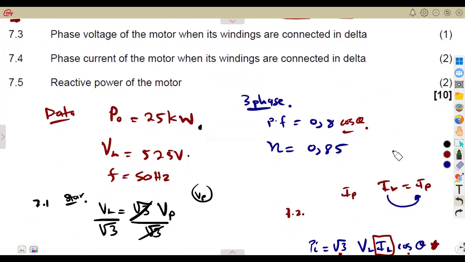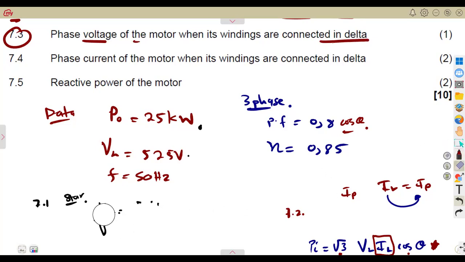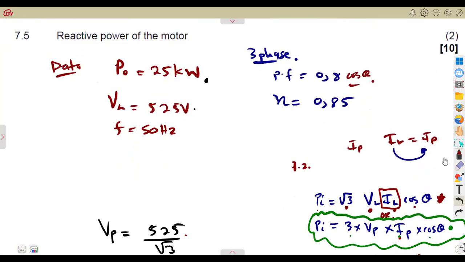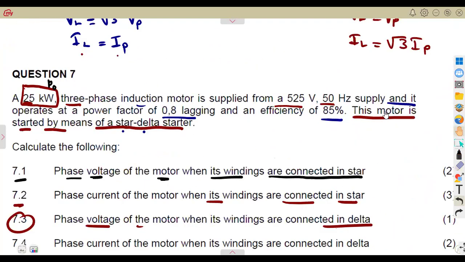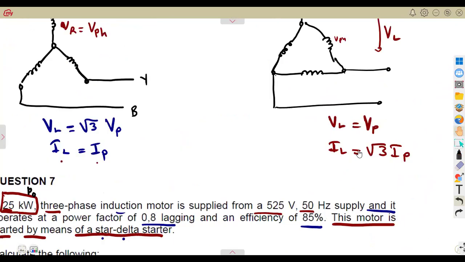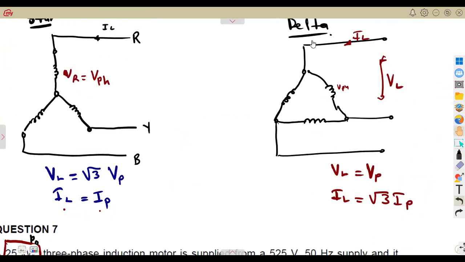All right, 7.3. We are given to calculate the phase voltage of the motor when its windings are connected in a delta. So this time we are dealing with a delta connection. What is it that we are supposed to consider in a delta? Remember what I said in terms of the voltage: the line voltage and the phase voltage are the same in a delta.